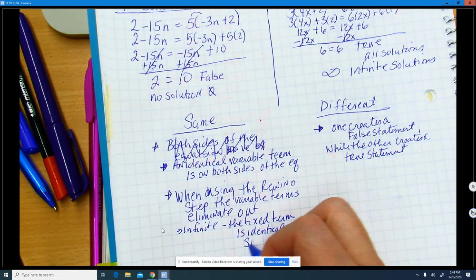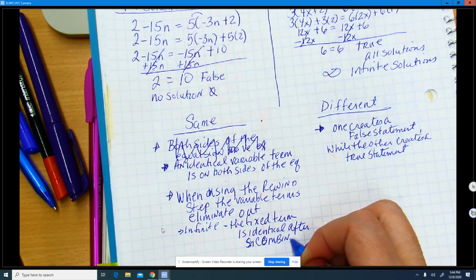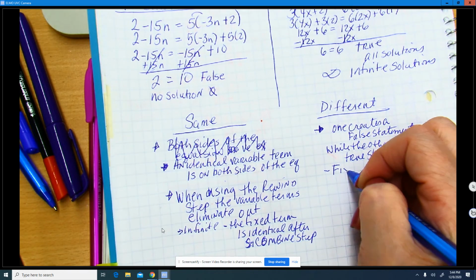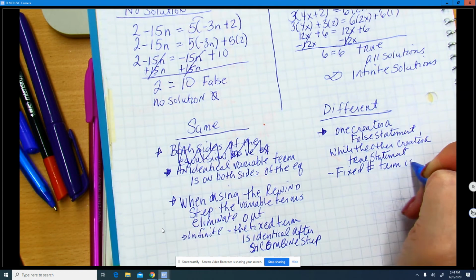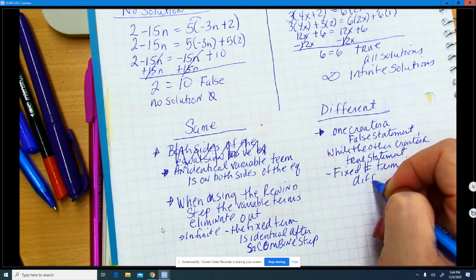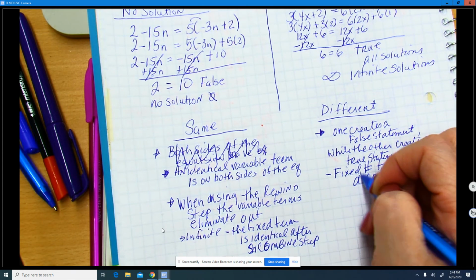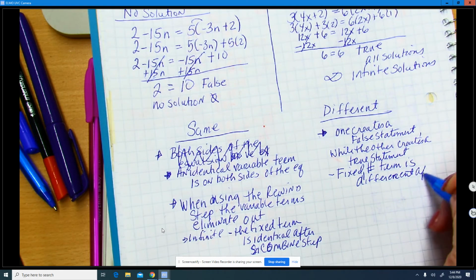Or we could say after the CBLT step, the combine step. For no solution, the fixed number term is different on the sides of the equation after the combine step.